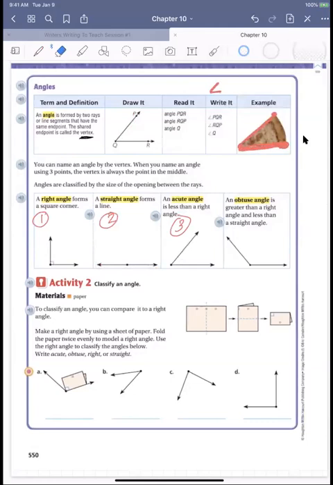So if I had a right angle right here to make that square, right, it would be going straight up. So anything in this area would be acute. Okay, same with obtuse. Obtuse is larger than or greater than a right angle. So my right angle would be straight up and down. So anything this way would be obtuse.